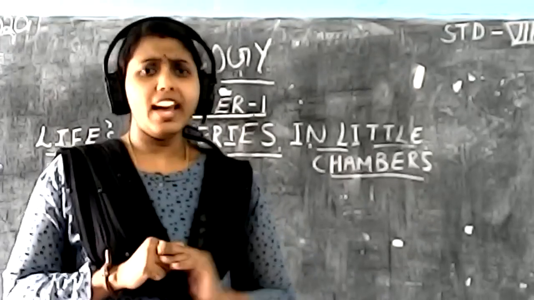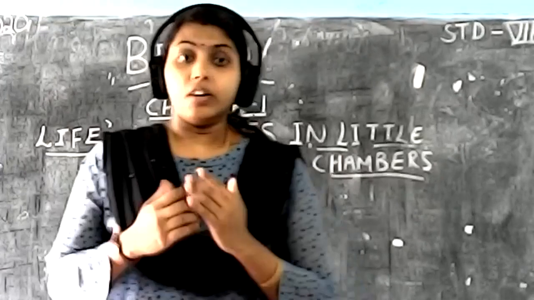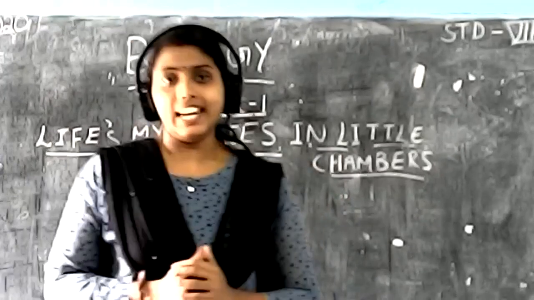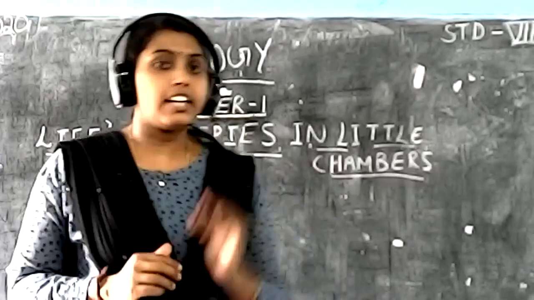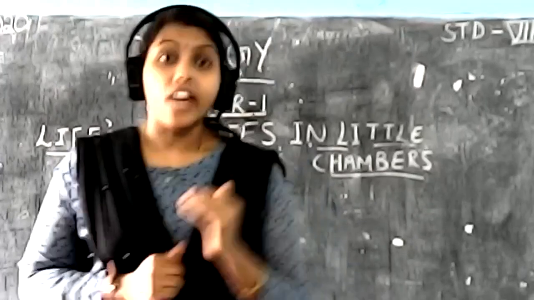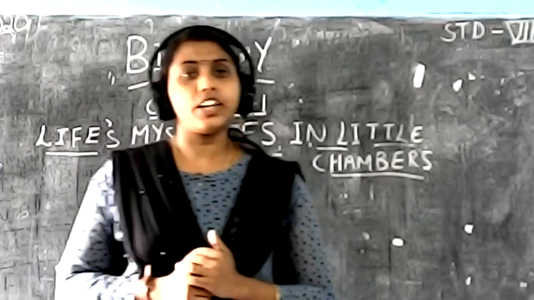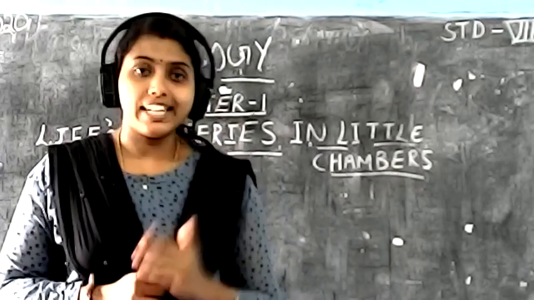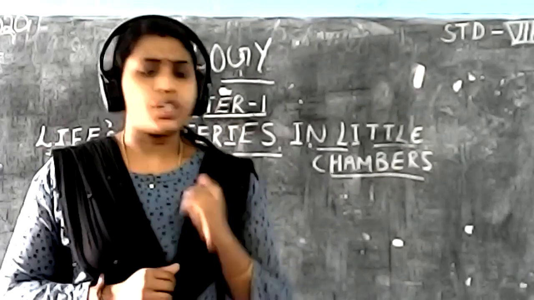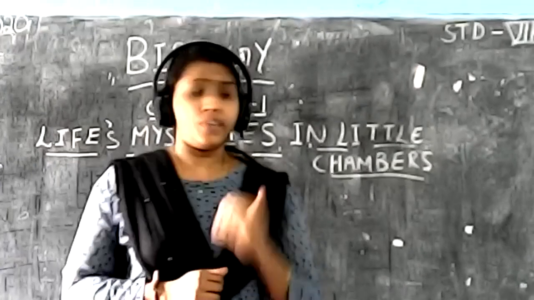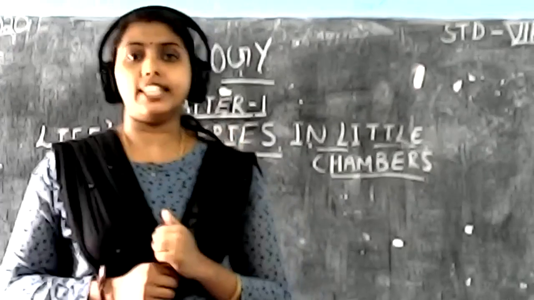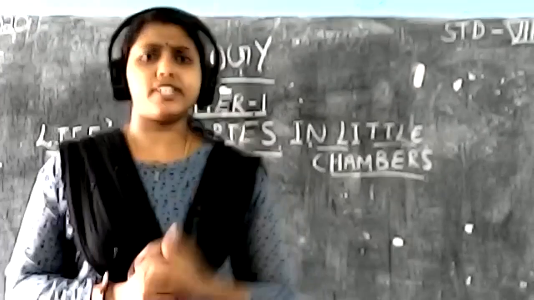Now we have to know that the study of the cell in science is known as cell biology. Apart from Robert Hooke, who discovered the cell, there are so many scientists who made discoveries about the cell.